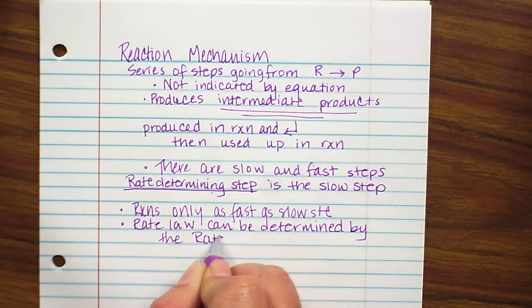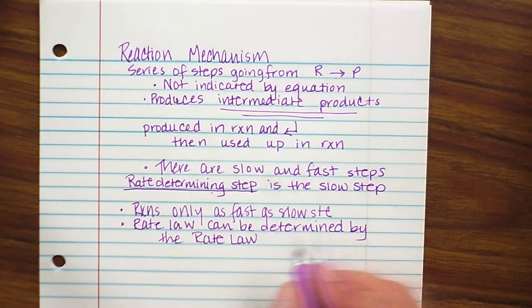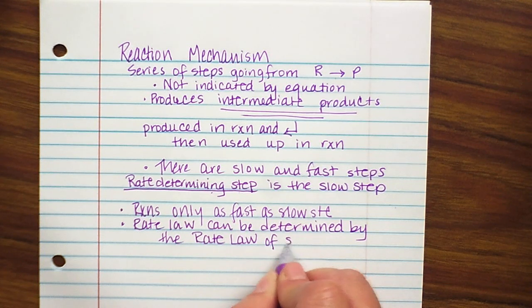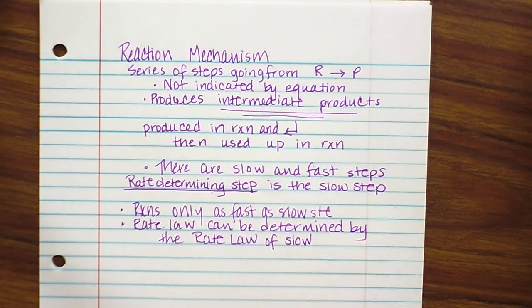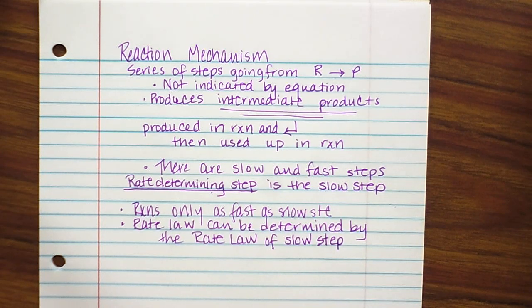Now, right away, you're thinking, oh, wait, that sounds pretty simple. And it is. And this is how AP kind of complicates things. Because instead of giving you just a simple equation, they give you 3 steps, and then they say, what is the rate law?